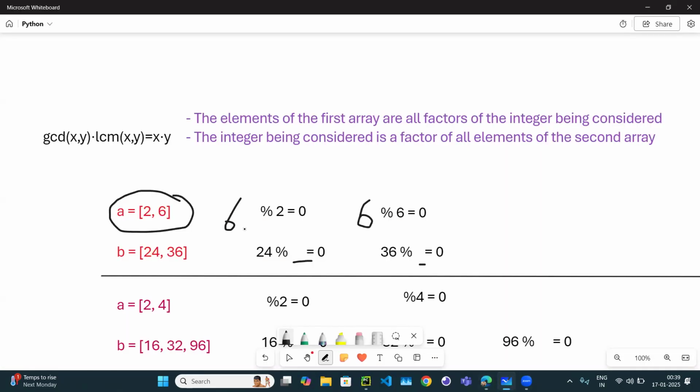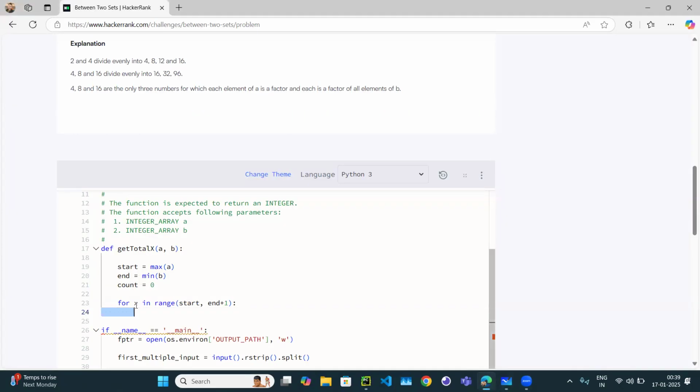First, whatever the number, x is the number, right?